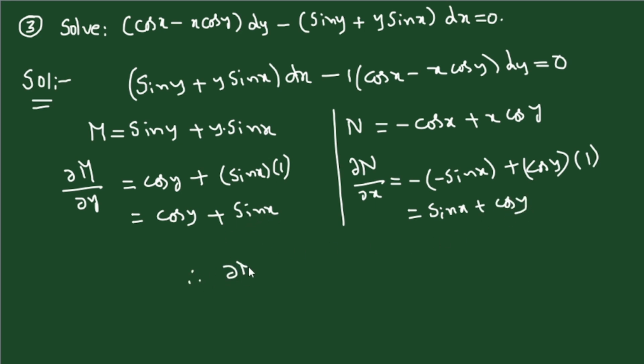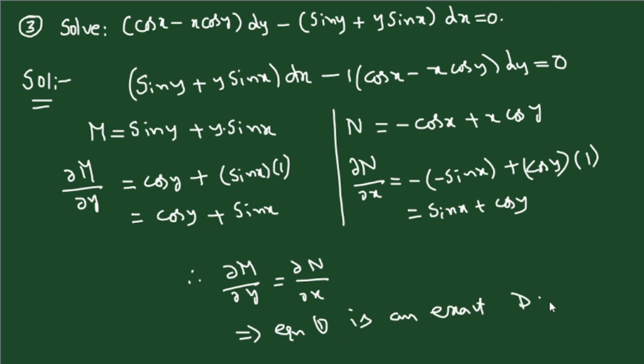Therefore, dou m by dou y is same as dou n by dou x. This implies equation 1 is an exact differential equation. Now, how do you solve this equation?